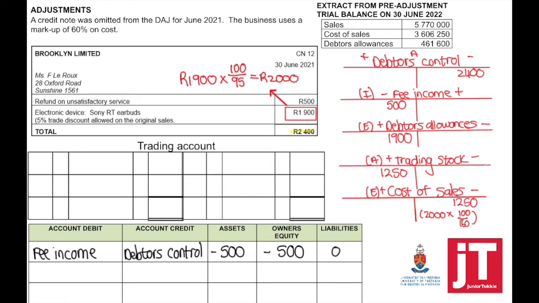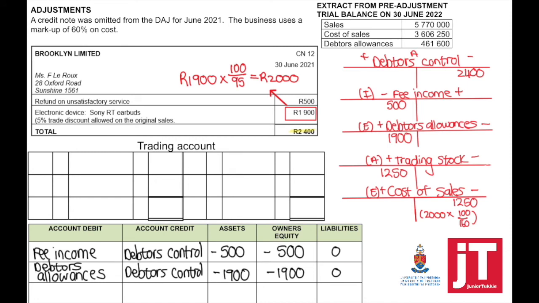Now, if we show this on the accounting equation, fee income is debited, debtors control is going to be credited. Effect on the accounting equation, assets minus 500, because our income decrease, it will have a negative effect on the owner's equity.